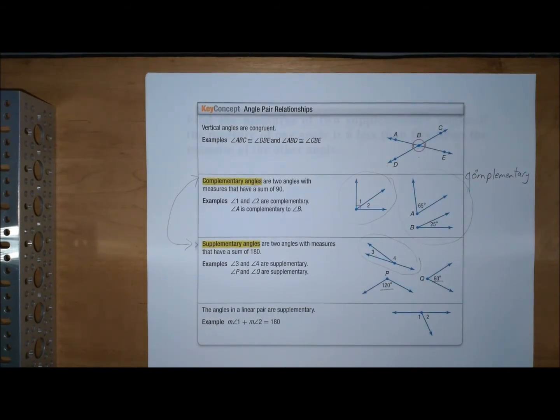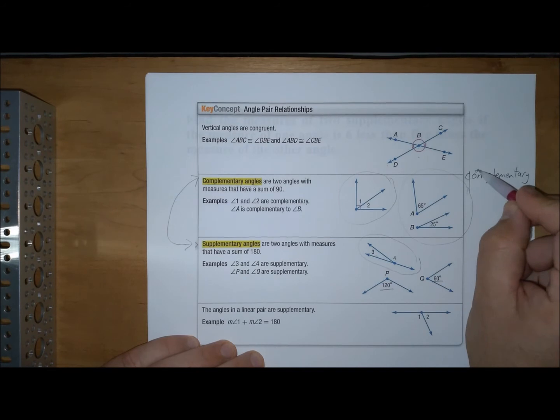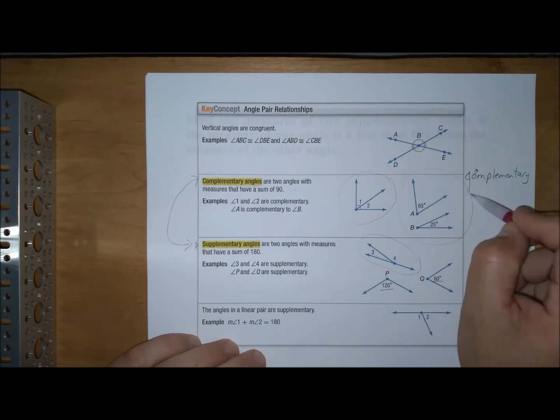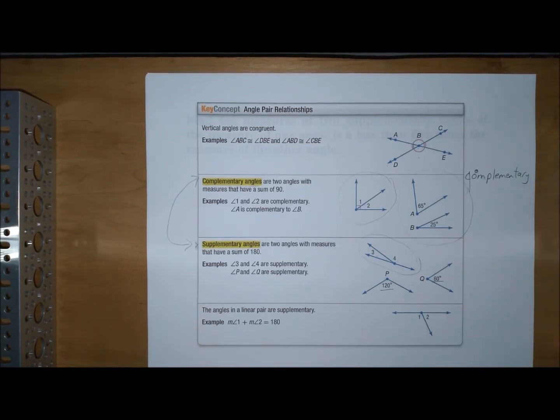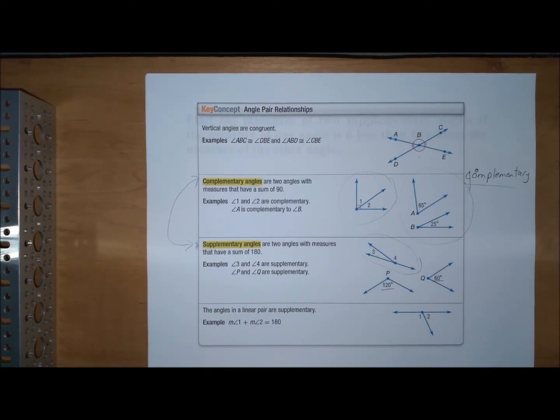That's a pretty easy, cheap mnemonic if you can make it work for you. All I do is write the word complementary and I draw a line. I can write the number 90 degrees right there. So I know complementary is 90 degrees and supplementary is the other one. That's how I remember them. I don't know, maybe you can come up with a better mnemonic than that.